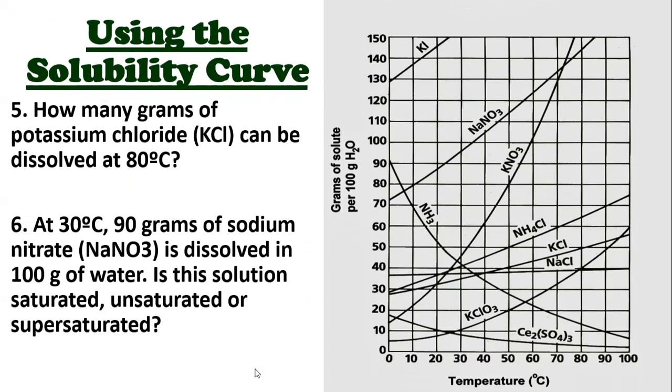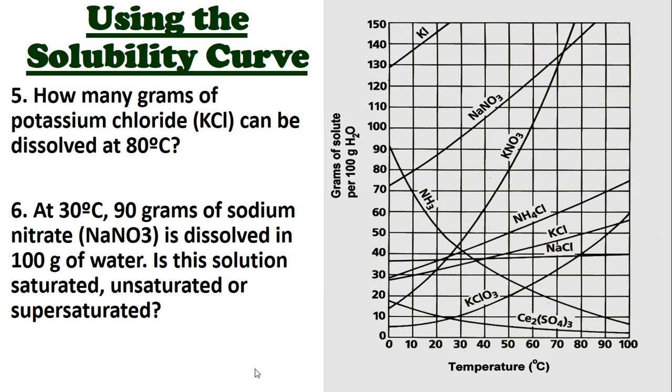All right, let's do the last two questions. Number 5 says, how many grams of potassium chloride, KCl, can be dissolved at 80 degrees Celsius? So what you're going to do is go to 80 degrees Celsius and follow up 80 degrees Celsius till it crosses the KCl line, and that happens here.